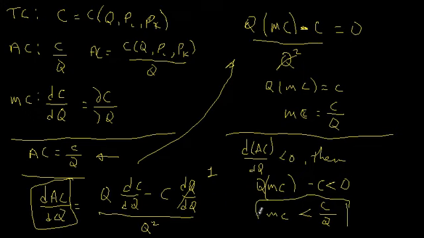So when the average cost curve is declining, we can show an average cost curve up here. Here's output, dollars per unit of output.